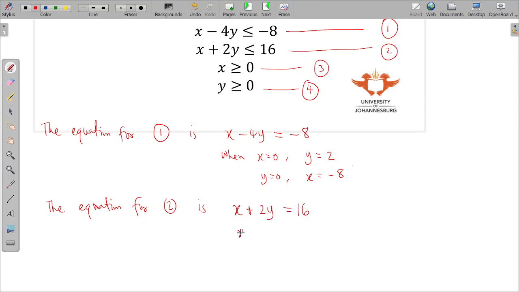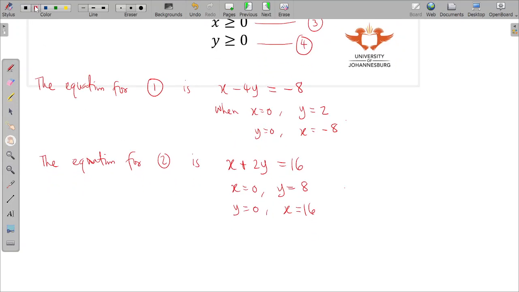Here again, when x is 0, y will be 8. And when y is 0, x will be 16.